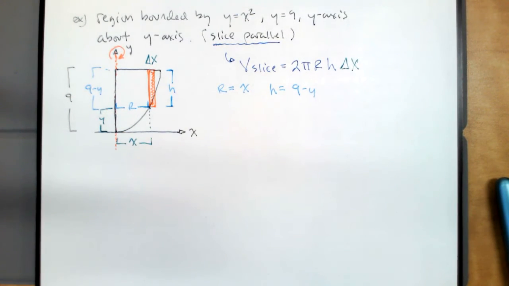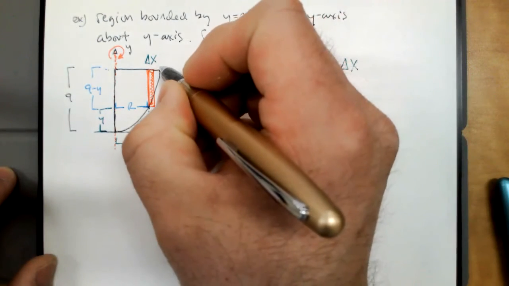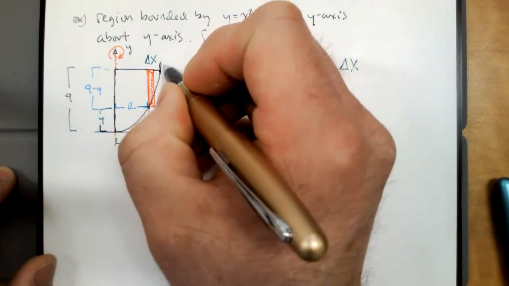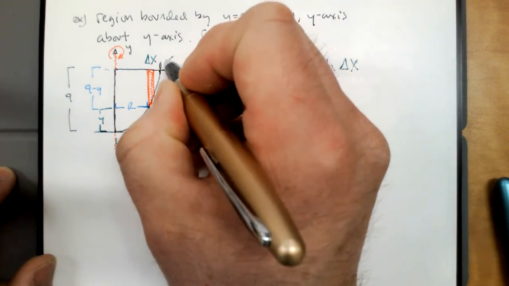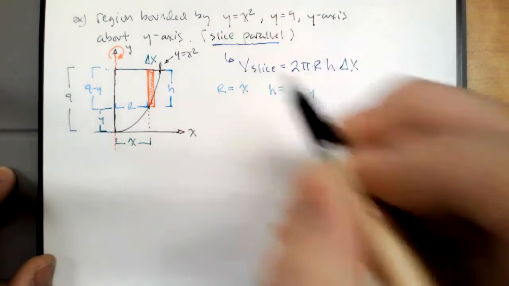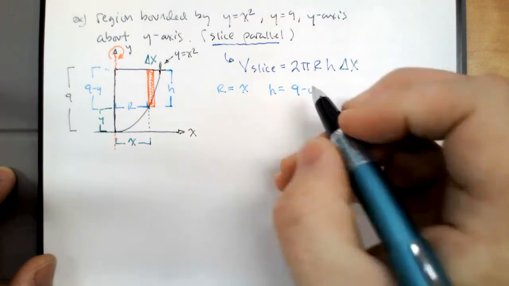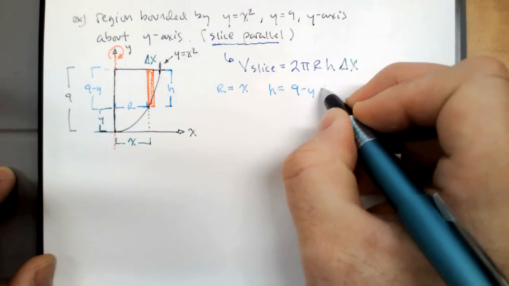Nine minus y is not going to work for us because I need delta x. Fortunately, y is equal to x squared. So I can write my height as 9 minus x squared.